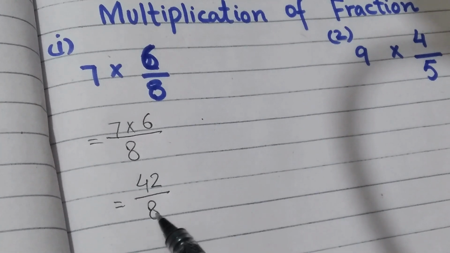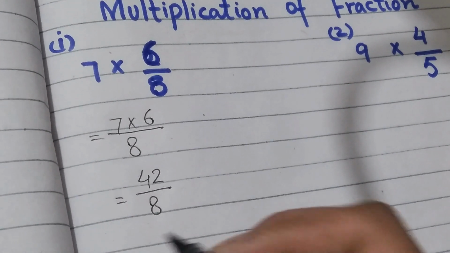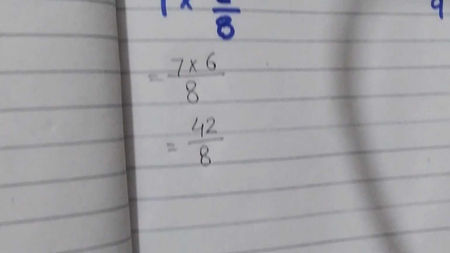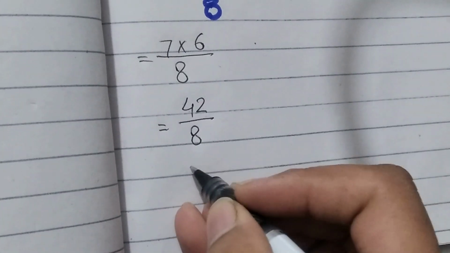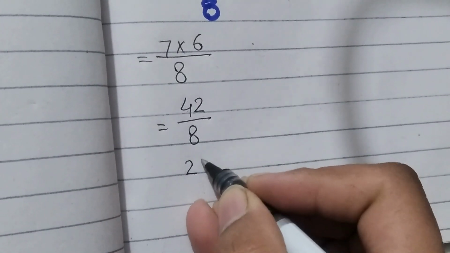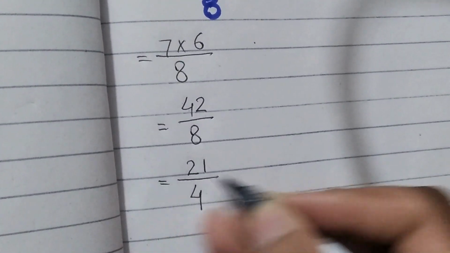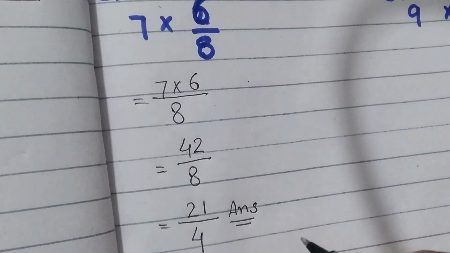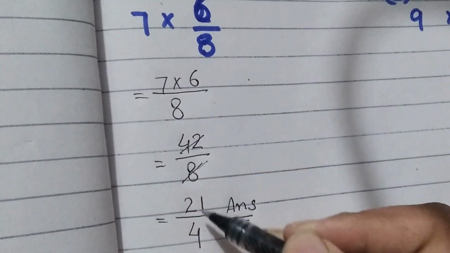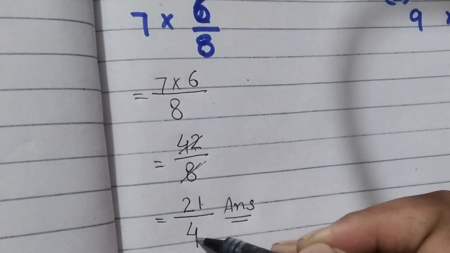Now we will check whether both are in the table of 2. If they are, then we will cancel. Look, 2 2's are 4, 2 1's are 2, 2 4's are 8.